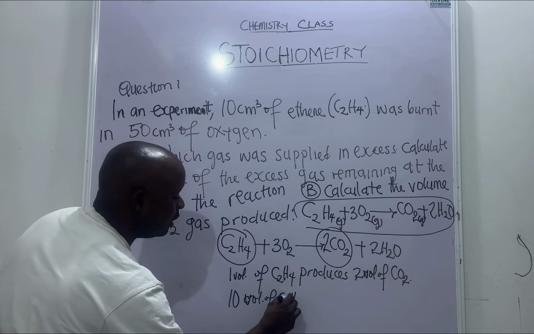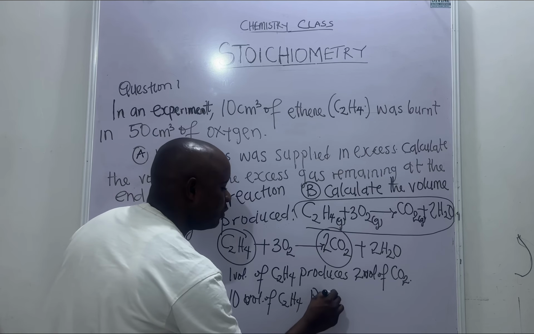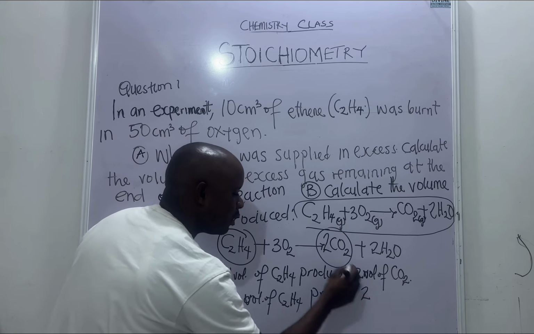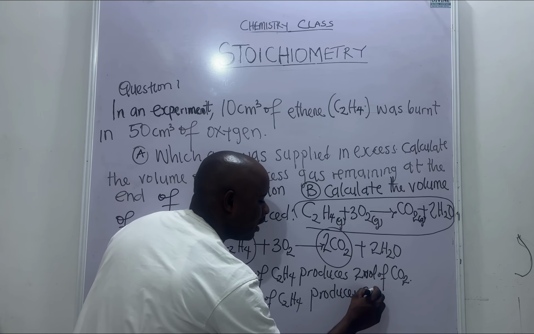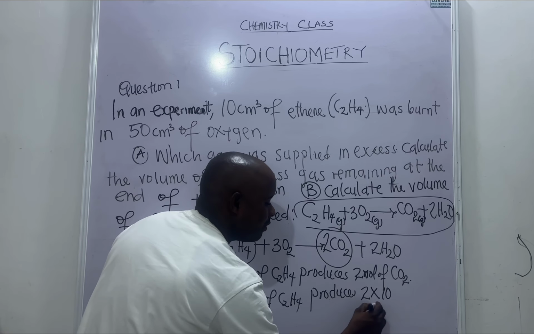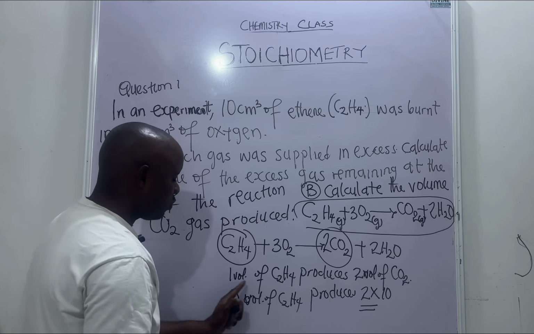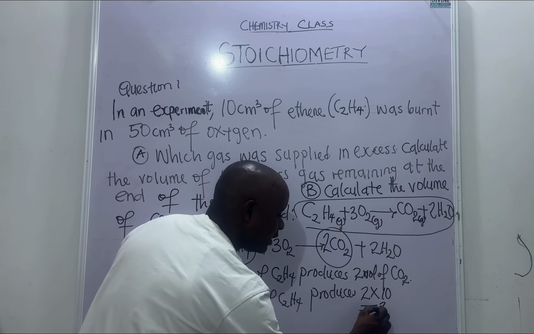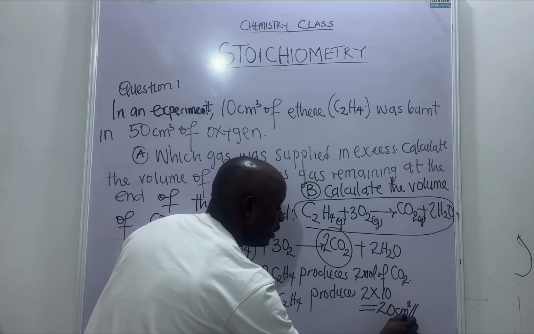If 10 ml of ethene is used, how many volumes will it produce? Since the mole ratio here is 2, and each volume is 10, I am going to multiply 2 times 10. So the volume produced when 10 cm³ of ethene is used is 20 cm³.